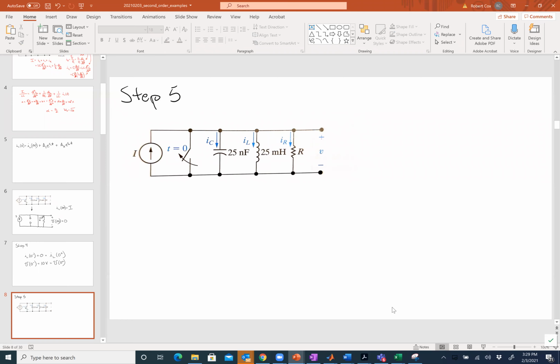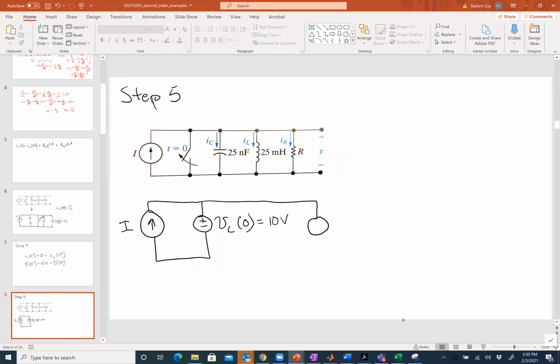All right, so right after that switch opens up, I got a current source, I, and I said the capacitor becomes a voltage source that's got VC of 0, which is effectively a 10-volt value. And then the inductor is a current source with 0 amps, which is kind of a funny thing. And the resistor is just a resistor.